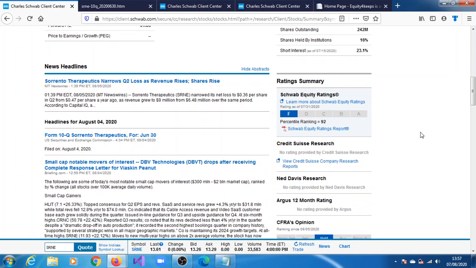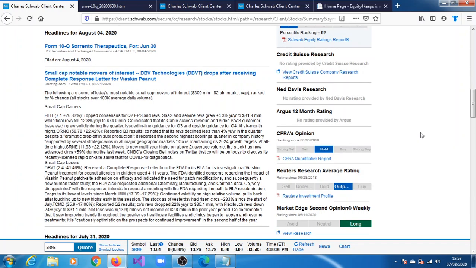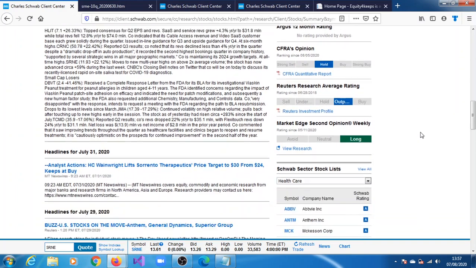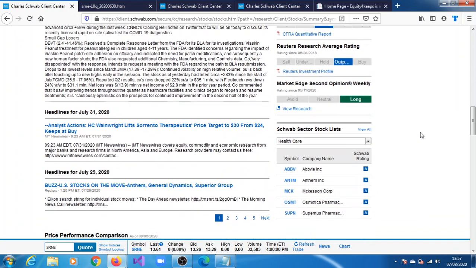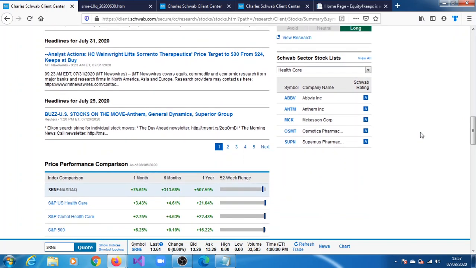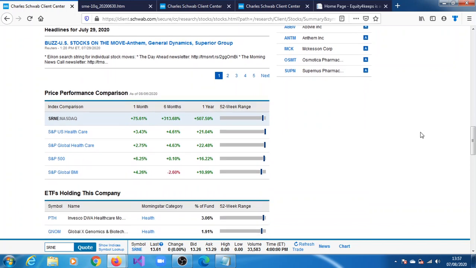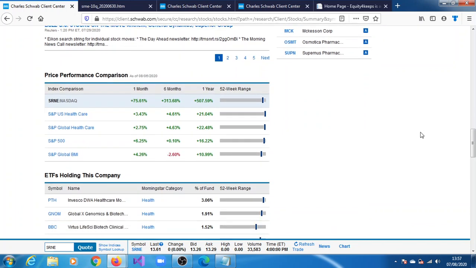That's a very huge, very comfortable cushion, and with that sort of figure, we'd expect that short squeezes might be occurring on the stock. So in the last 1 year, it has increased by 507%.